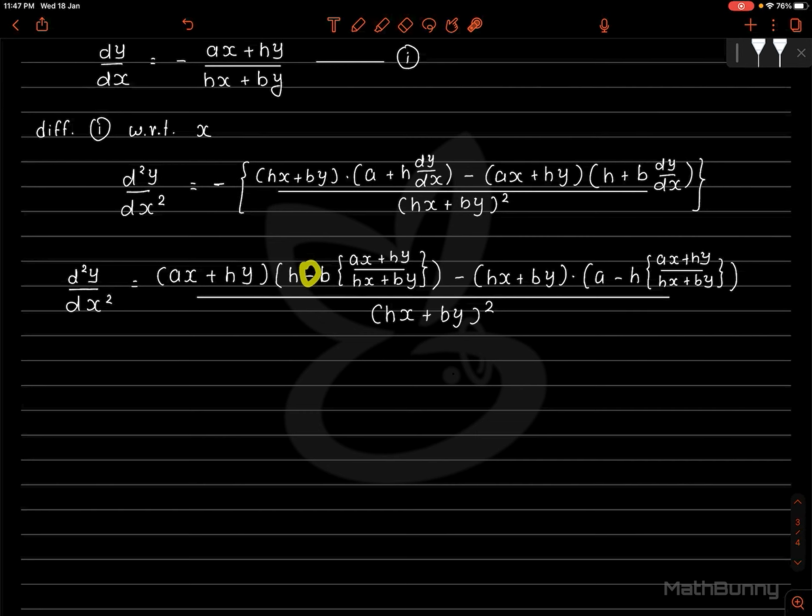Here we have written minus because this term is minus. Same is the case here.